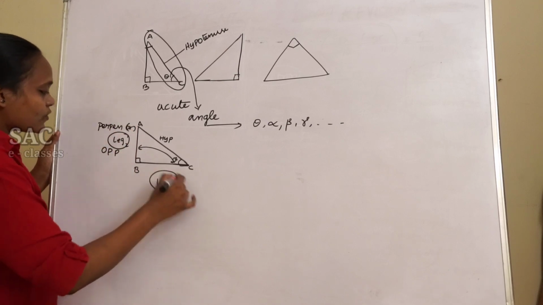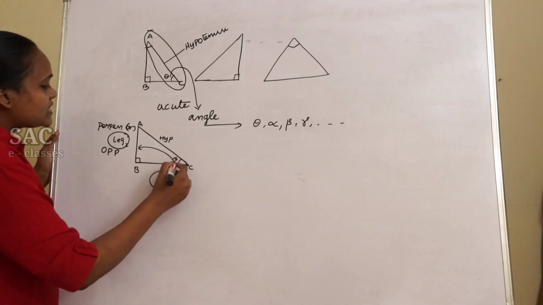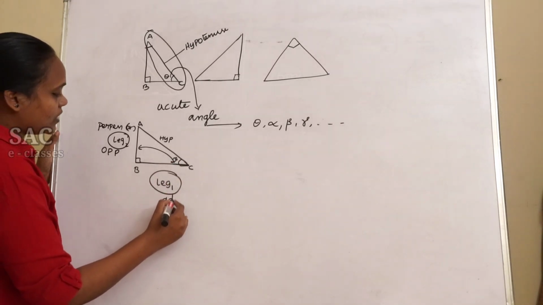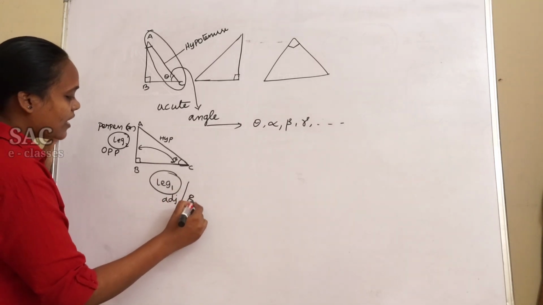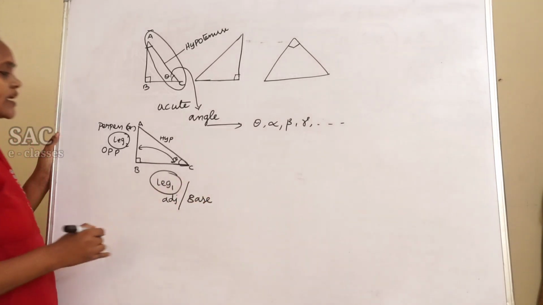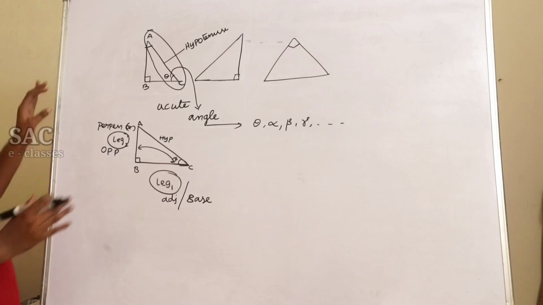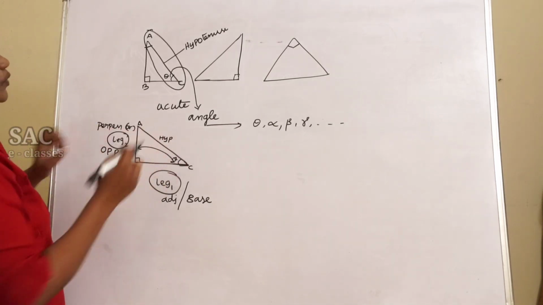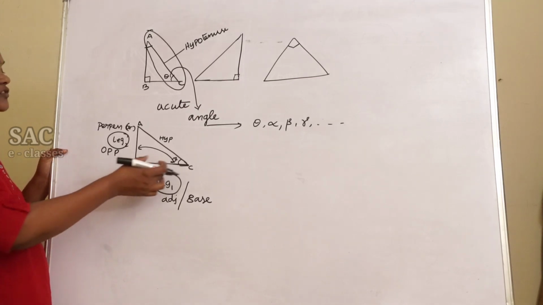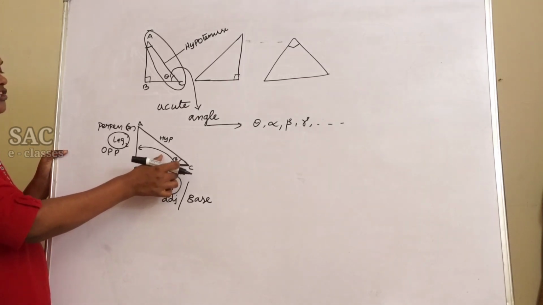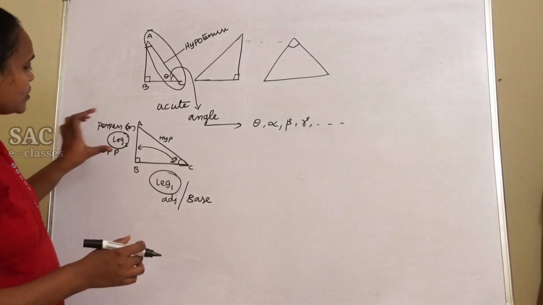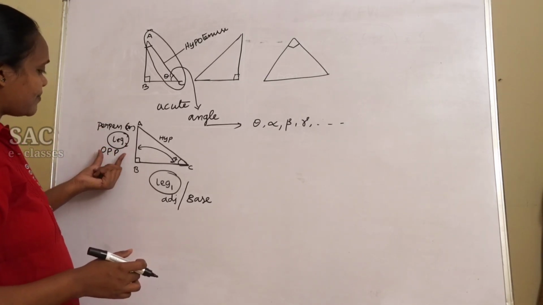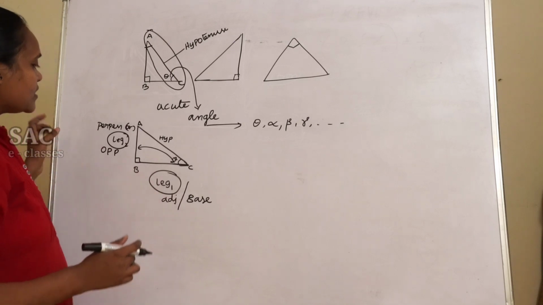The leftover side, which is adjacent to that angle of reference, is called the adjacent side or base. What I am trying to convey is, usually in a right angle triangle, two legs and one hypotenuse will be there. But based on the acute angle position you are considering, you can classify them in two ways, that is perpendicular or opposite, adjacent or base.